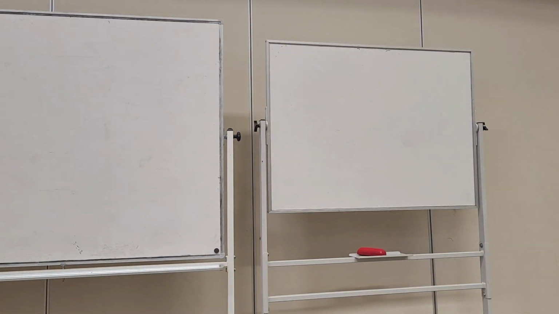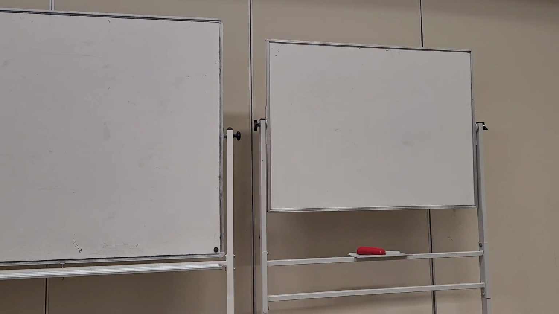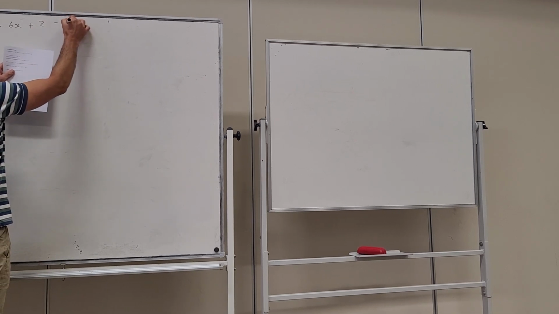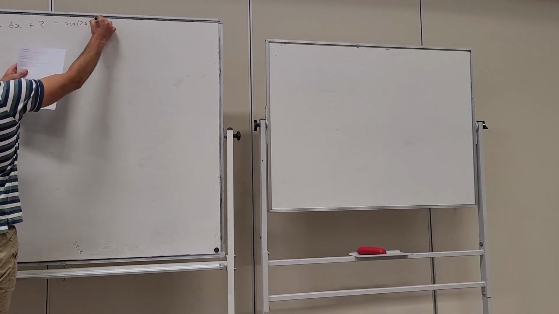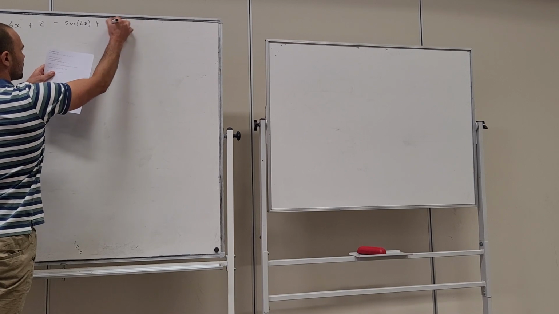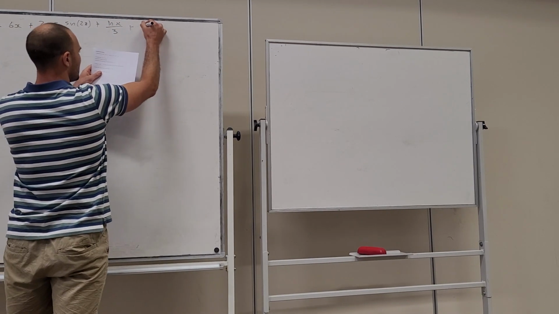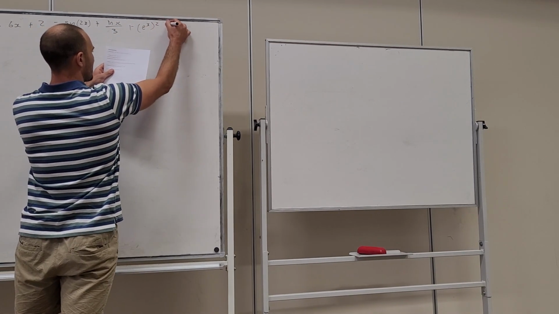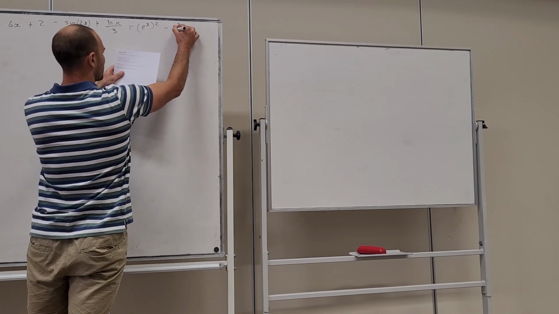All right, let's turn the page. Let's smash these questions together. Now, what I've done in this first question is I've given you everything we differentiate in it. We've got polynomial terms, we've got a constant, we've got a trig term, we have a log, we have an exponential, and we have a root.